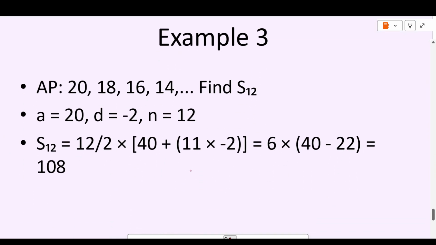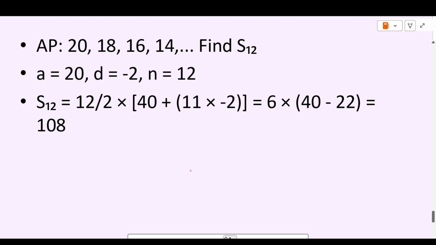Example 3. Here is a similar example. We have to find S12. Here is the first term, 20. What is the common difference? The common difference is 18 minus 20, that is minus 2.